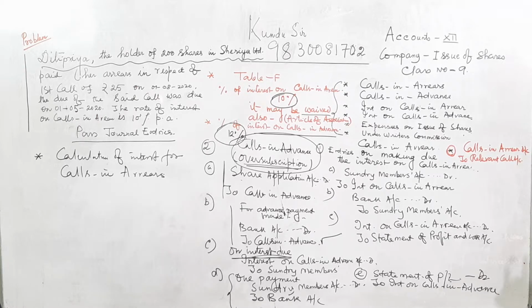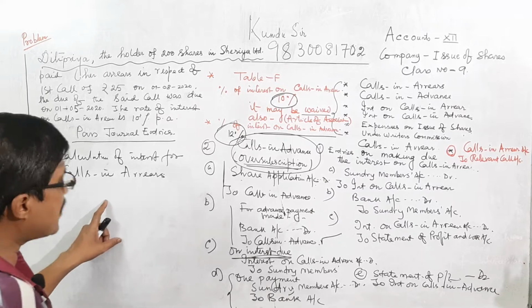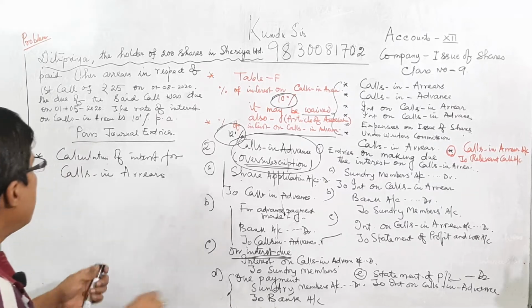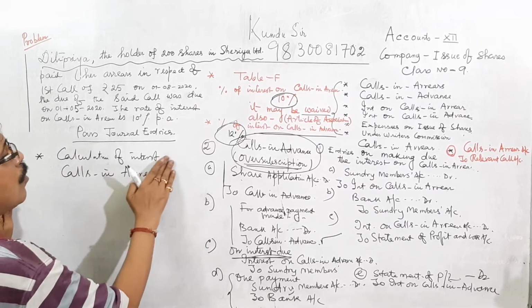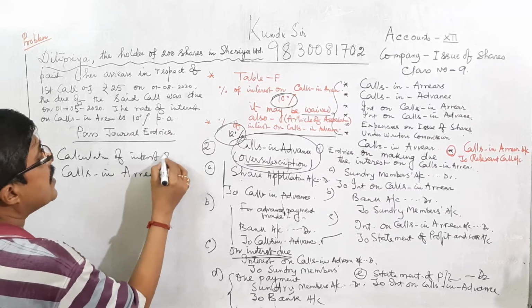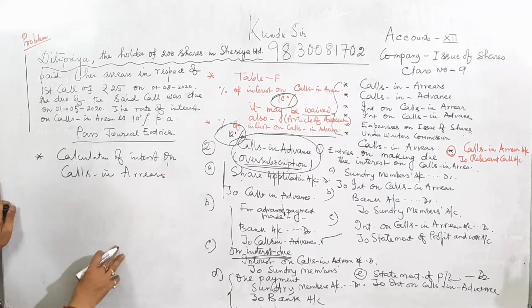The rate of interest on calls in arrear is 10% per annum. First, we should make the calculation for interest on calls in arrear, then we should pass the journal.